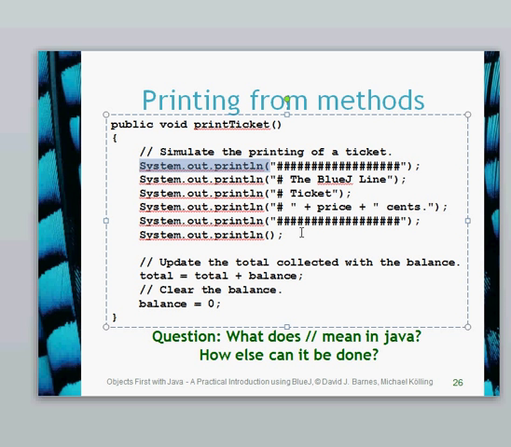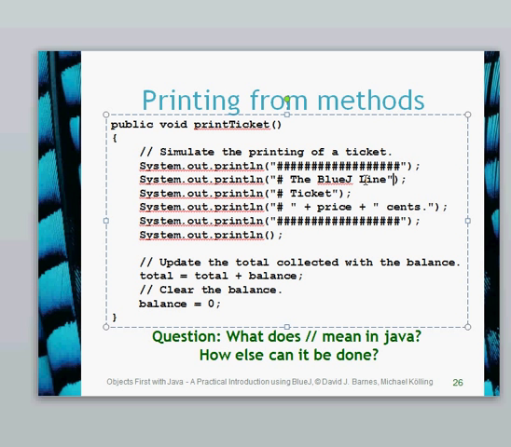We do System.out.println, open parentheses, then speech marks, followed by the text which we want to output, then a closing speech mark, closing parentheses, and a semicolon. That will print out that line of hashes to our terminal. The rest of them do the same. This line will simply print out that bit there, and effectively when you print all of those out to the terminal you get our ticket.